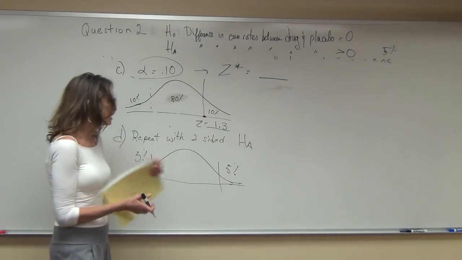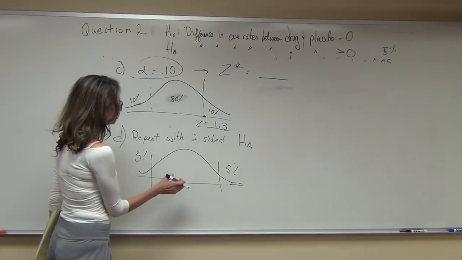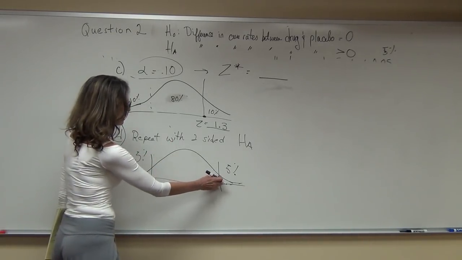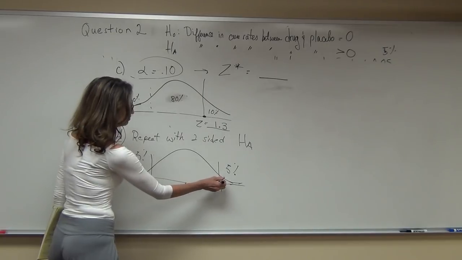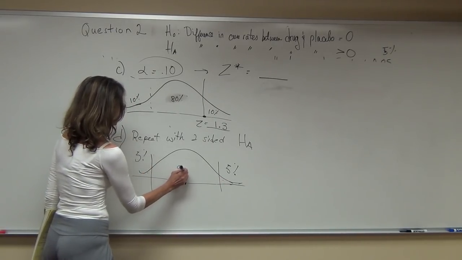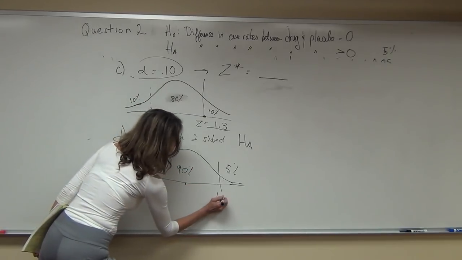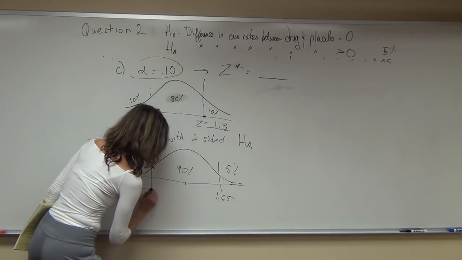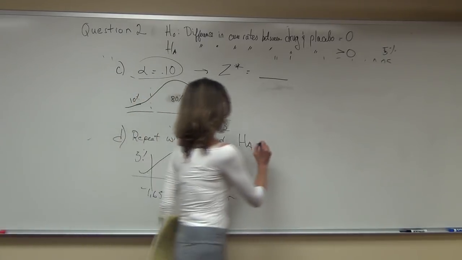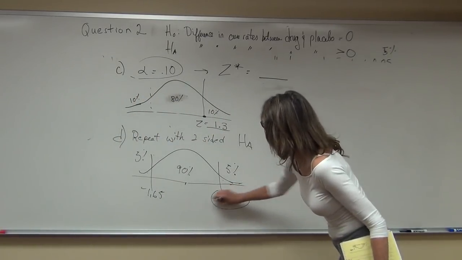So it would be 5% on either side, and that would mean 90% in the middle, which would be 1.65 and negative 1.65. So the critical value of Z would then be 1.65.